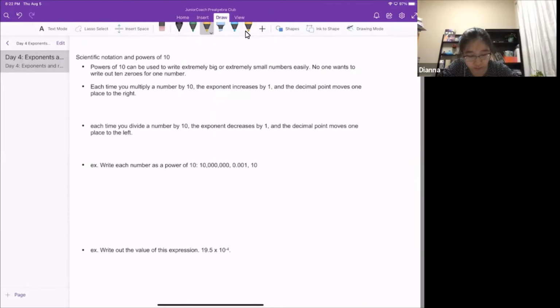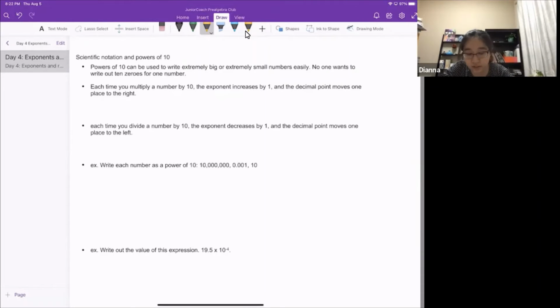Each time you multiply a number by 10, the exponent increases by 1, and the decimal point moves 1 place to the right. Let's say I had just 10 to the 1st power, so that's 10. Then I multiply that by 10.